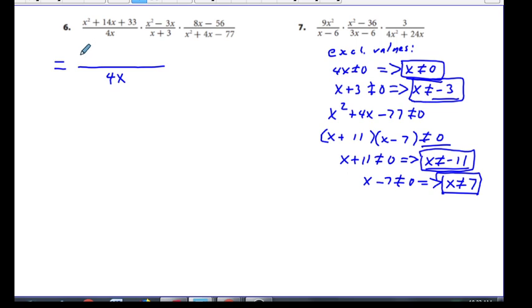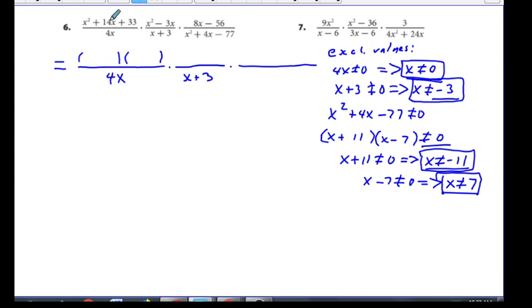Okay, x squared plus 14x plus 33. Let's write that in factored form. We'll take this next one in factored form. And then we have this last fraction here. We're just going to fill this in.